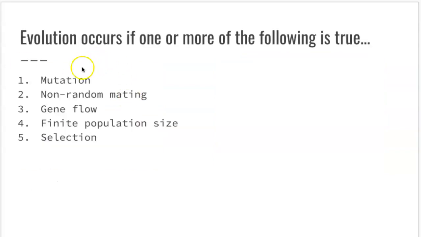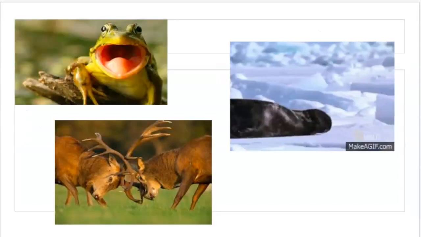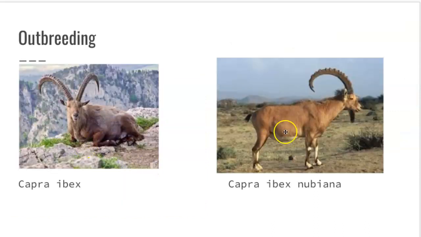And just to revisit those 5 requirements for evolution to occur, you either need mutation to introduce genetic variability, non-random mating, because if it's non-random, then you're going to get these weird traits, or you're going to get a higher frequency of deleterious alleles, or potentially you could be sharing different genes that are adapted to a particular environment.